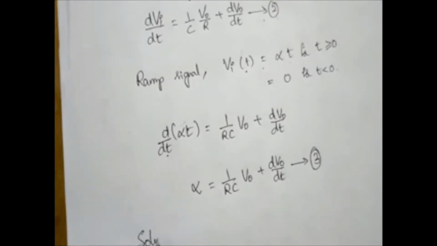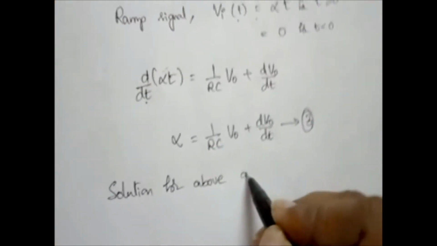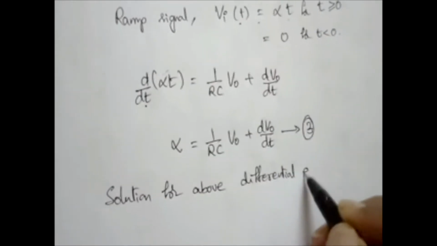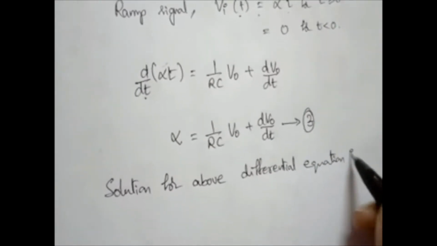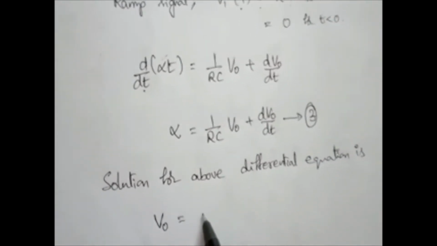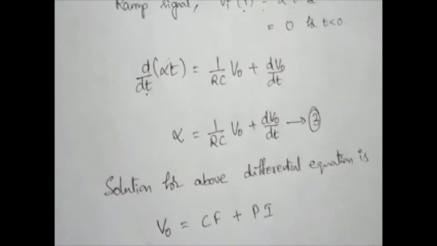The solution for the above differential equation consists of two parts, that is V0 is equal to complementary function plus particular integral.